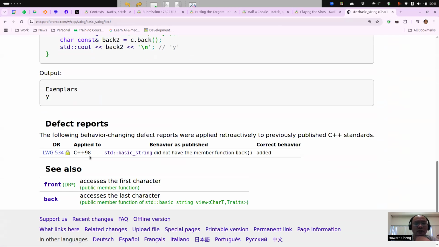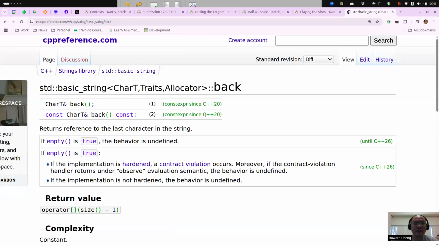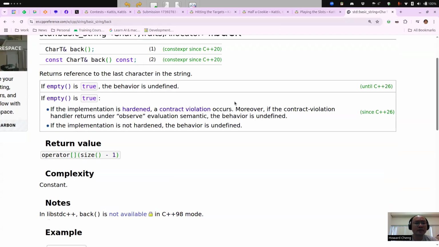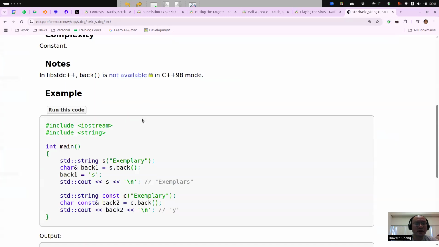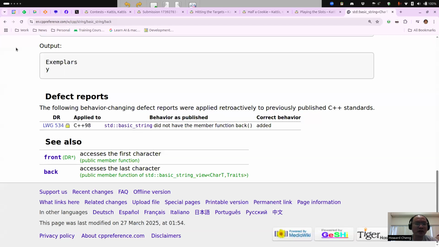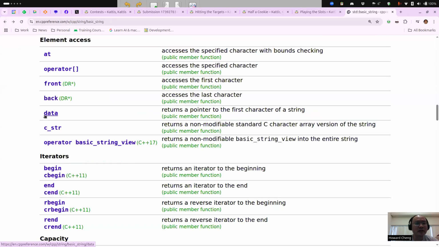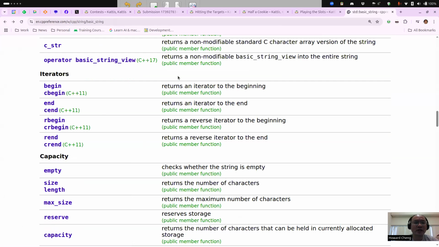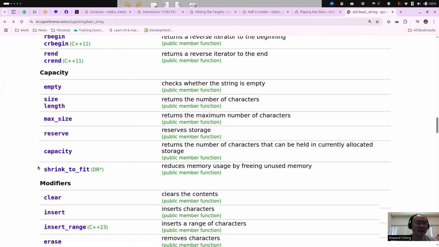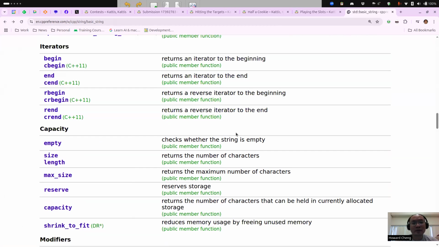C++98: the following behavior changing defect reports were applied retroactively to previously published C++ standards. Okay, so it's retroactively applied to previously published standards. Even though it's introduced later, it's retroactively applied to the previous ones. That's what that means. So anyway, it didn't have dot back before, but now it does. That's what that means.